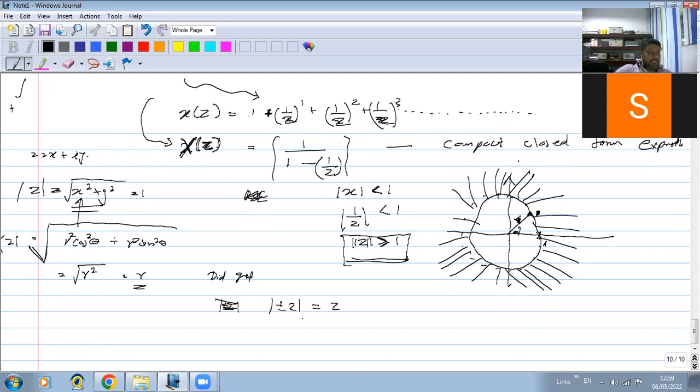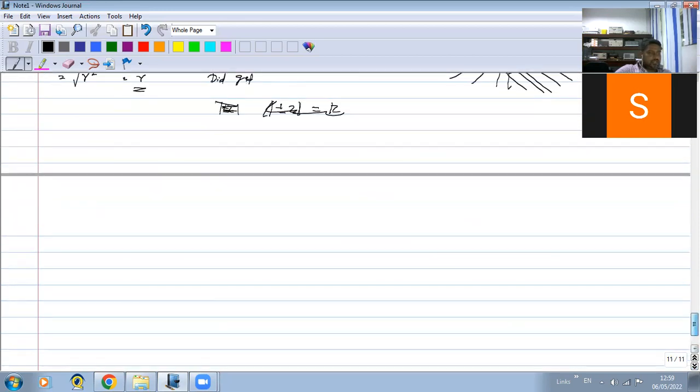In complex, if it is a complex one and you get the absolute value, it is not only the value, it should be the magnitude. Okay, example. One example.